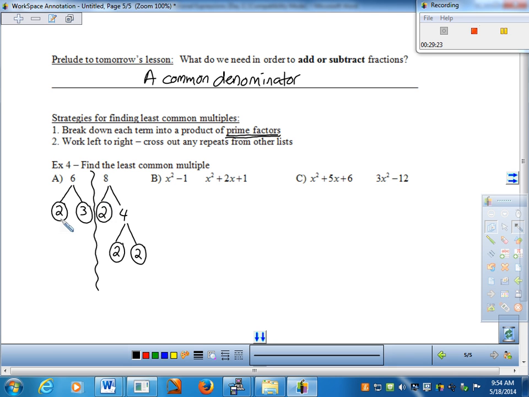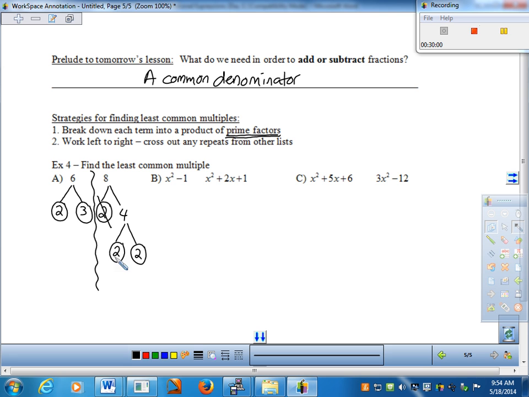So for example, does everyone see this 2 right here? I want this 2. It is a prime factor of 6, but I see the exact same 2 in the other list. And so this is a redundancy of that right there. And I don't want it twice. The 3, obviously, I do want the 3, and there are no redundancies of the 3 in the other list, so I keep it.